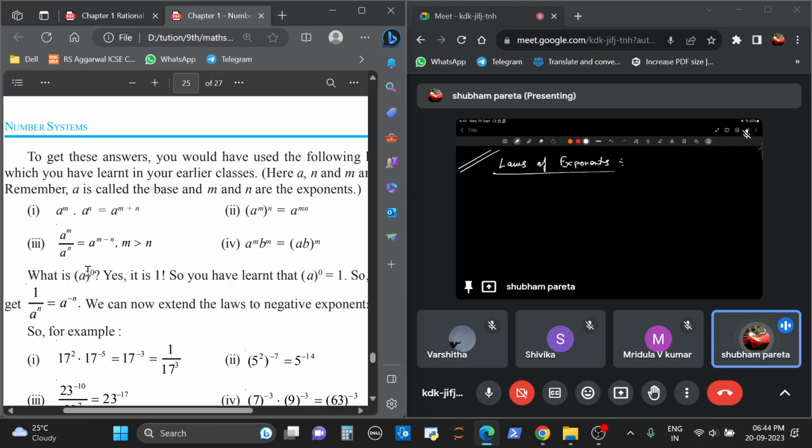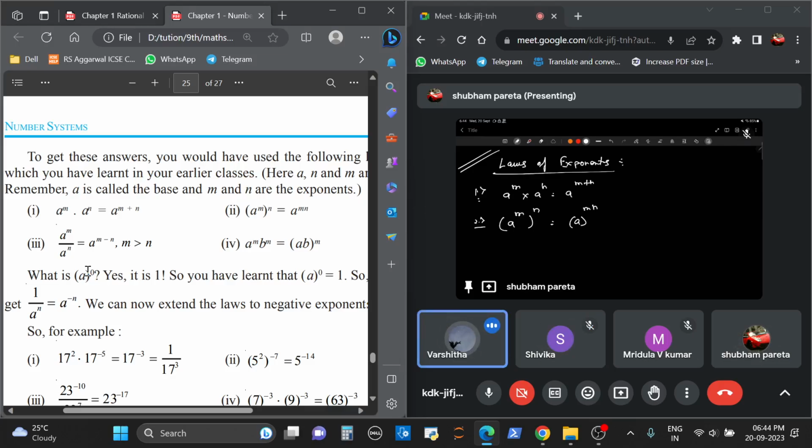Laws of exponents are saying some interesting property, like a to the power m multiplied by a to the power n is equals to a to the power m plus n. Guys, have you seen these properties before as well, or is this the very first time you are looking into this property? Sir, I have already gone through.